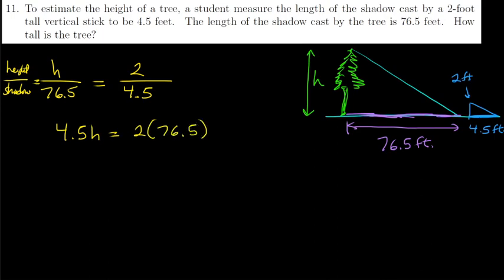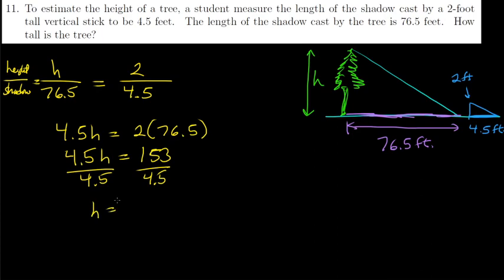Again, I got to break out my calculator. So 76.5 times 2 is 153. So 4.5 times h is equal to 153, and then divide by 4.5.